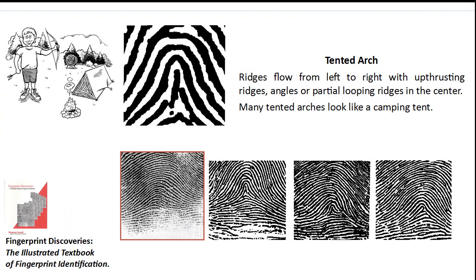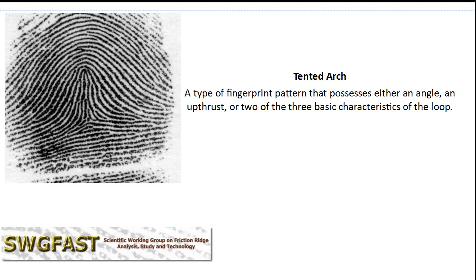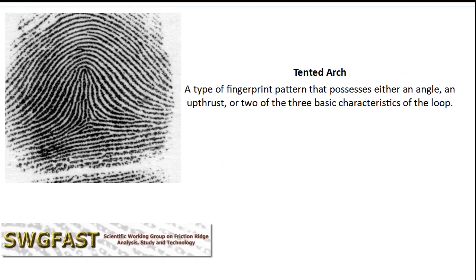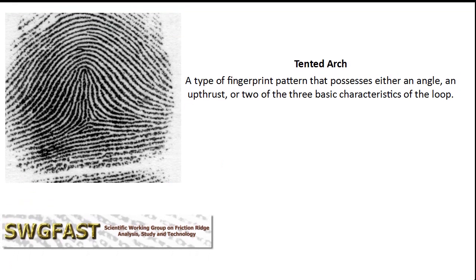We went over the analogy that I employed using the camping tent, and I have these little lines drawn in here like it is the tent pole. I also went over the Swigfast definition of tented arch and made an exhibit, or showed a print of that.